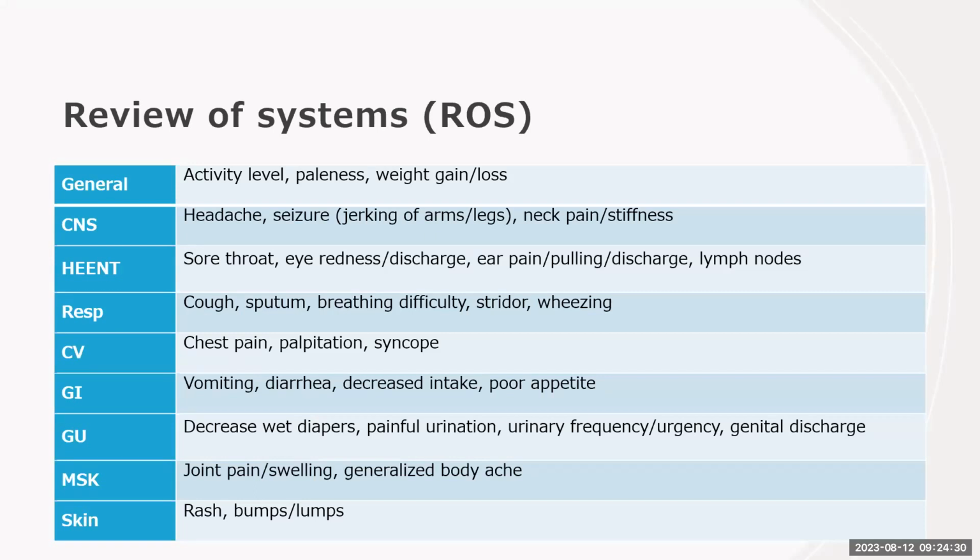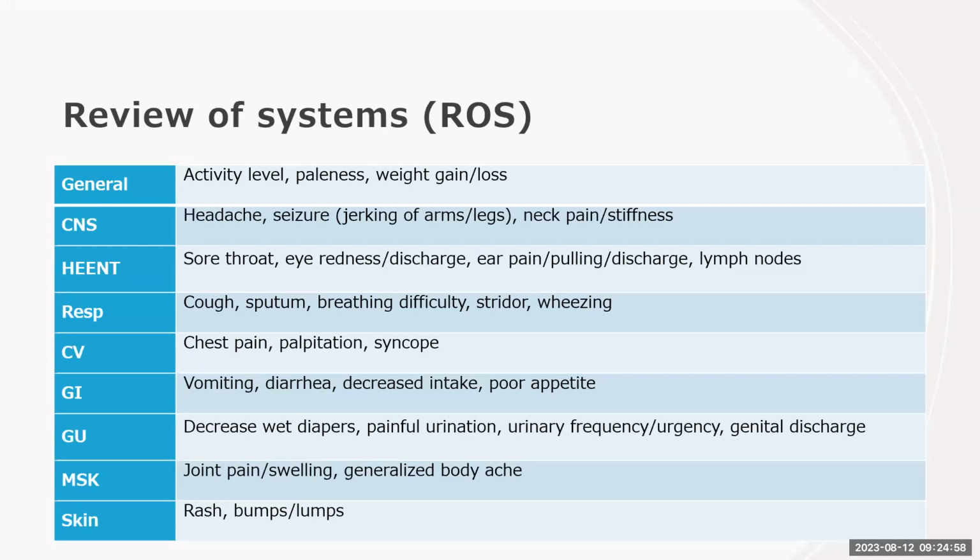For HEENT, which stands for head, ears, eyes, nose, and throat, for those who don't know what that means, I usually ask about sore throat, any eye redness or discharge, any ear pain, pulling, discharge, and any lymph nodes they've been noticing, usually around the neck area or behind the ear.